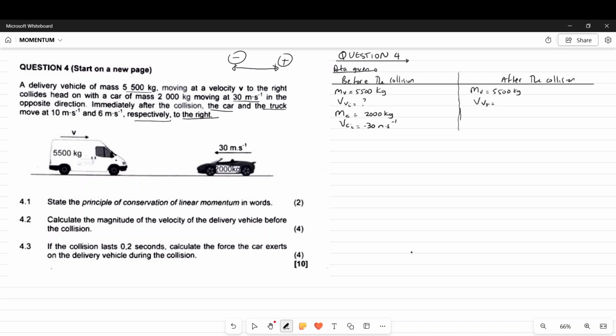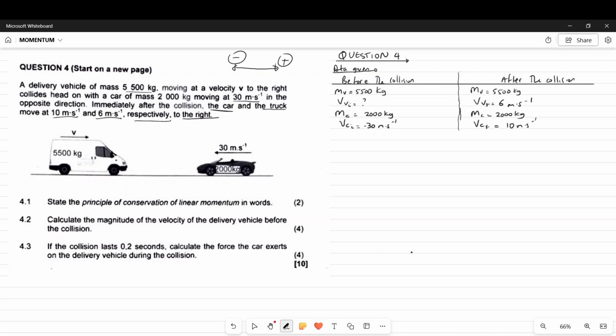Respectively means the velocity of the car after is 10 and the truck is 6. So the velocity of the truck is 6 meters per second, and the car has a mass of 2,000 kgs and a final velocity of 10 meters per second.